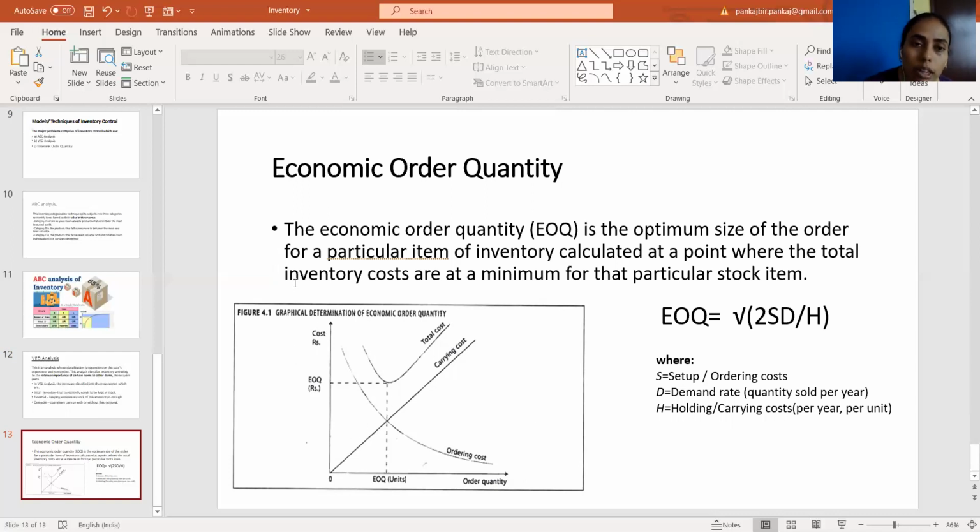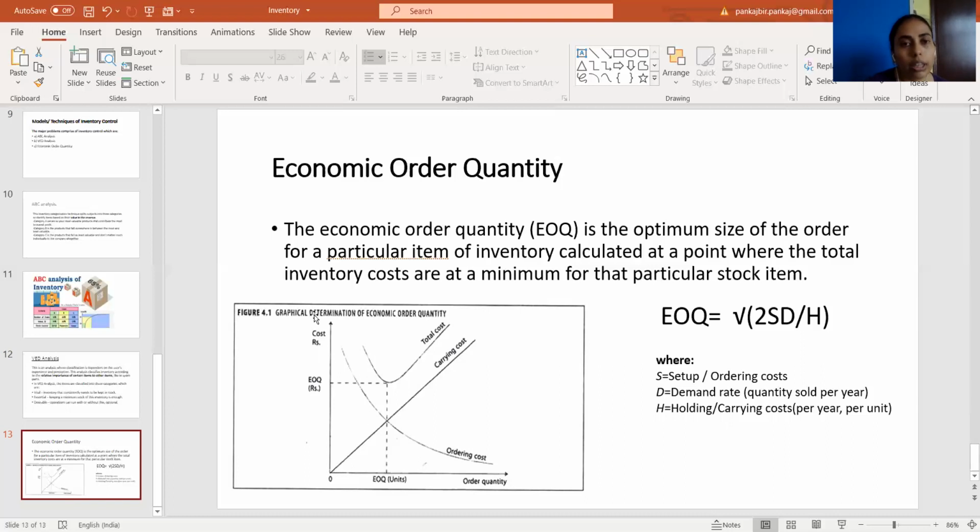So in previous lectures we have studied two costs. First was setup cost or ordering cost, and second was the holding cost or carrying cost. When we order an inventory, a certain kind of cost is involved, that is called setup cost or ordering cost.